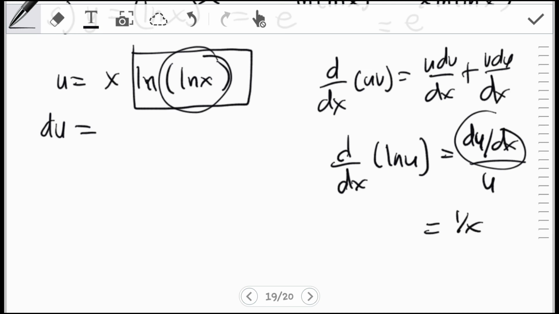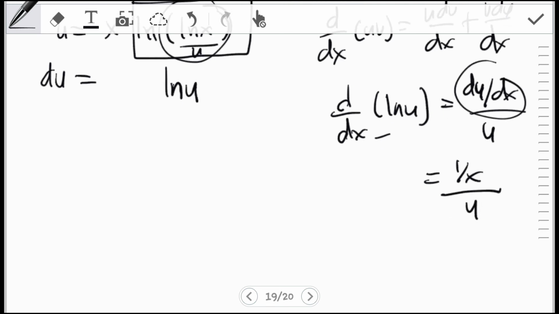Then we assume another u and write ln u. The derivative of ln u is 1 over u, so here it is 1 over x ln x.